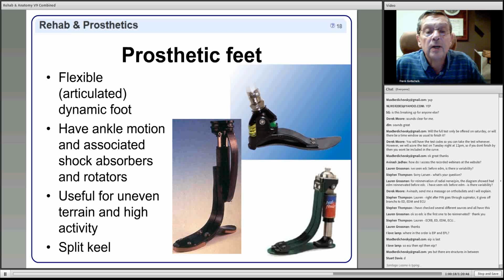If we look at prosthetic feet, the current standard for today is to use some form of articulated or flexible dynamic foot, of which one sees 3 examples in this illustration.